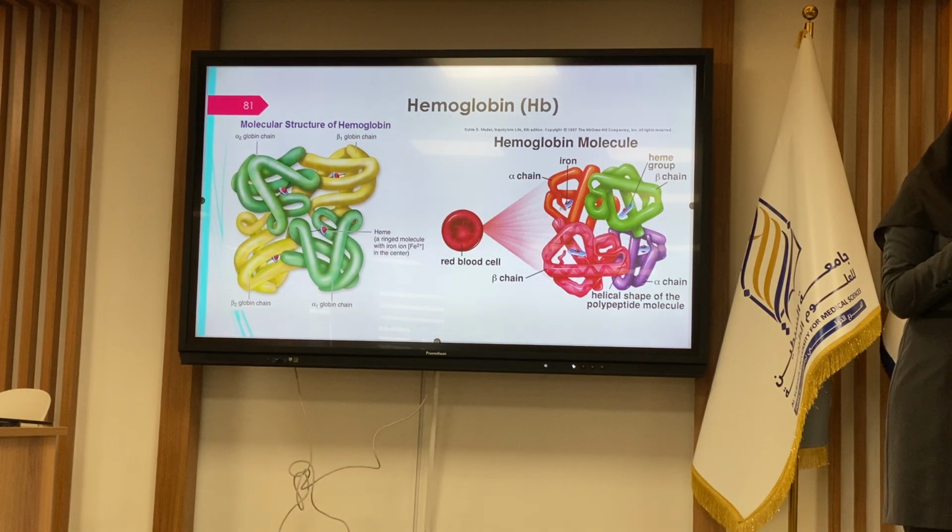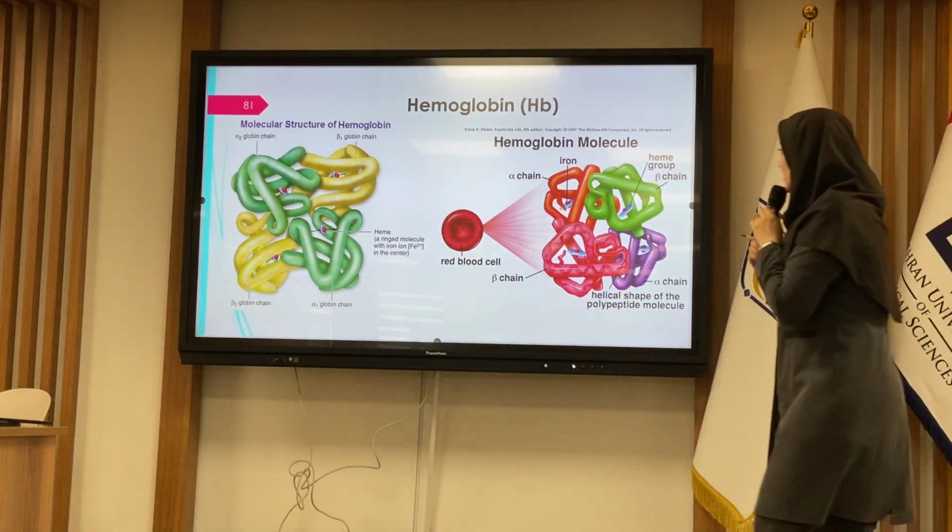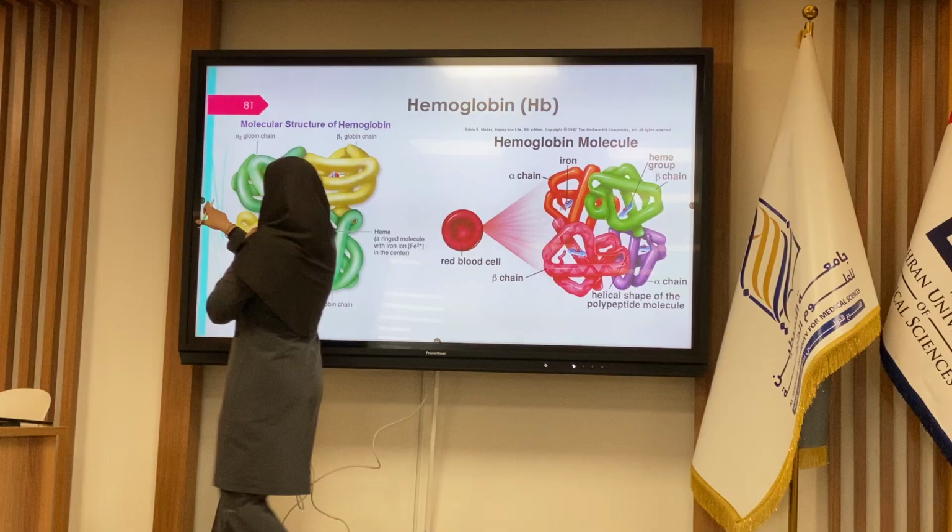Why 2? Don't get stuck on 2. Depending on the number of your chains, you have heme groups. For each chain, you have 1 heme. So how many chains are present? 4. How many heme groups? 4.